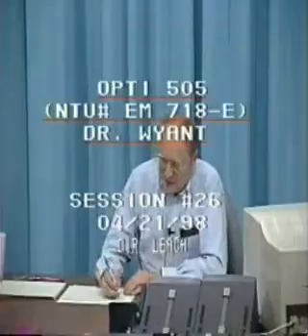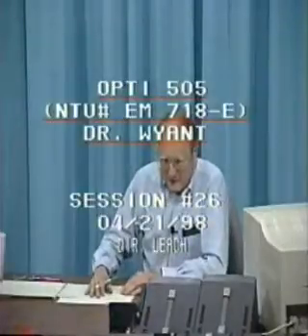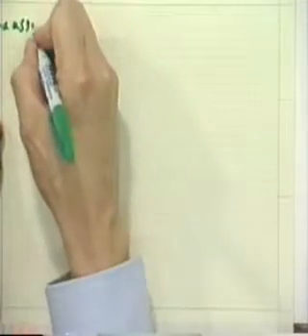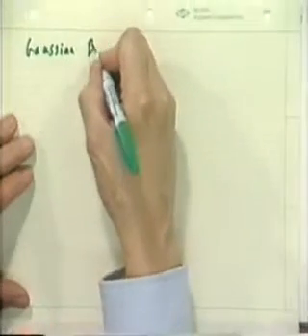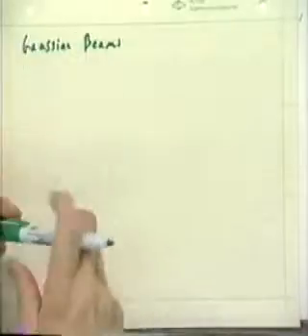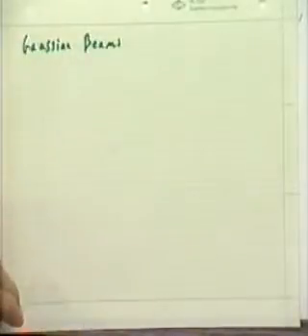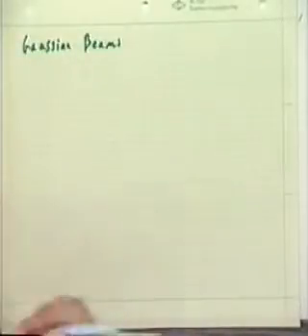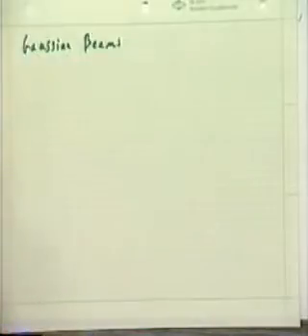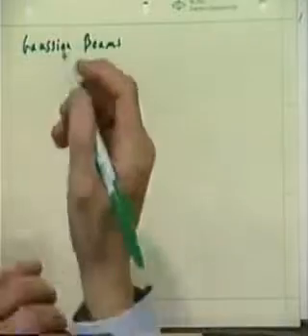Well, Gaussian beams, what we were talking about last class, so let's go back to that. So we had started right at the end of the class. I'll repeat just the last couple, 3 minutes of class.